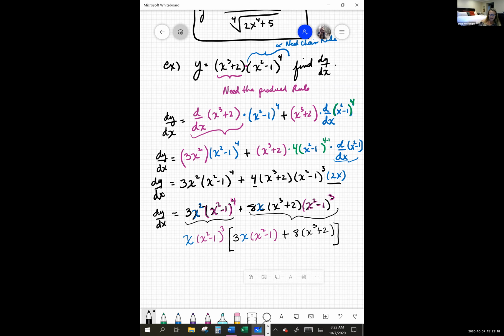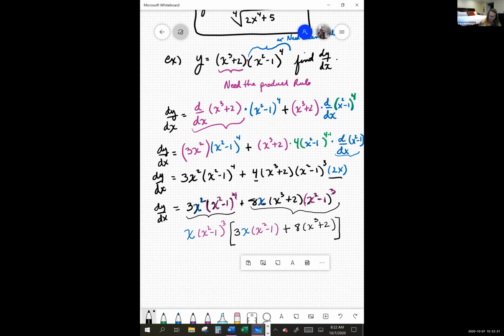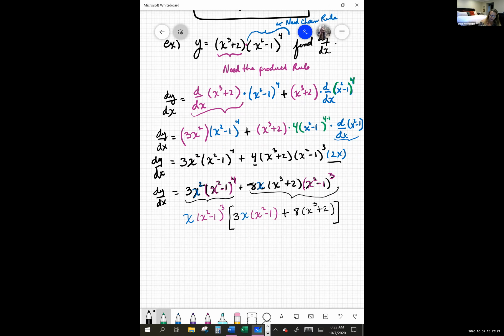So we can simplify inside that bracket by distributing. I can take this 3x and distribute it to each piece in here, and I can take this 8 and distribute it to each piece in this parentheses. So we have x all times this x squared minus 1 cubed, bracket 3x times x squared, so that is a 3x cubed. 3x times -1 is -3x.